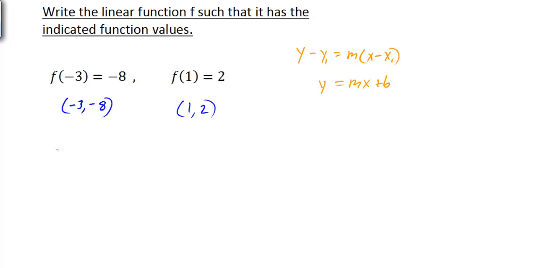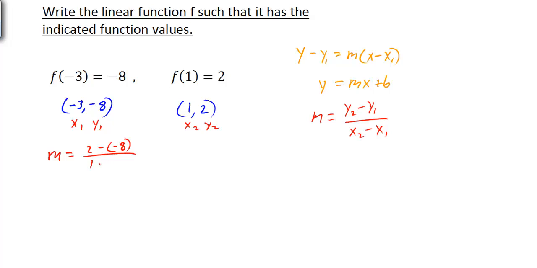Well, we can find the slope, and our slope formula is y2 minus y1 over x2 minus x1. And we can label these points either way, but I'm going to call this one x1, y1. This would be x2, y2 then. So our slope would be 2 minus a negative 8 over 1 minus a negative 3.